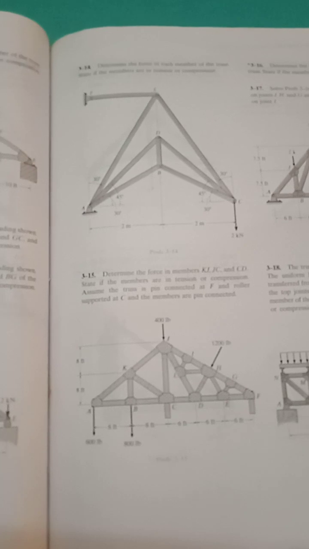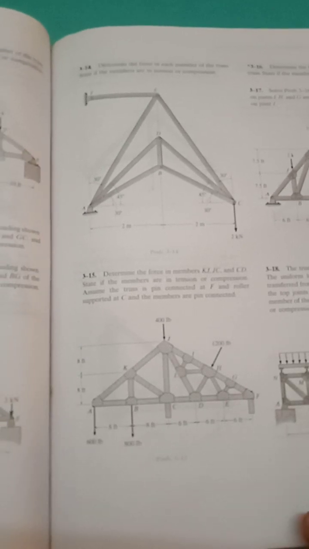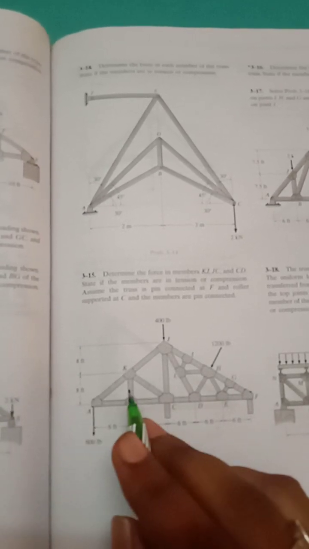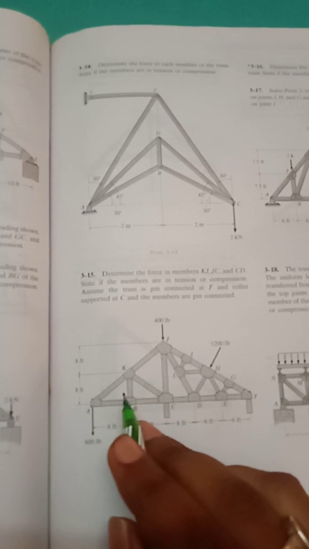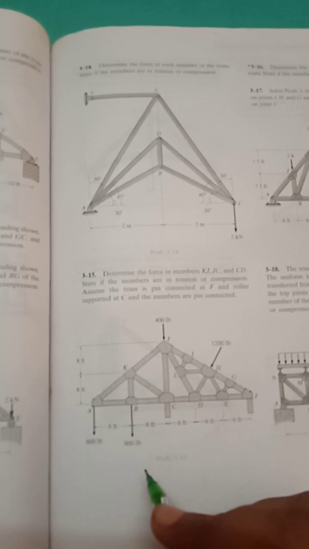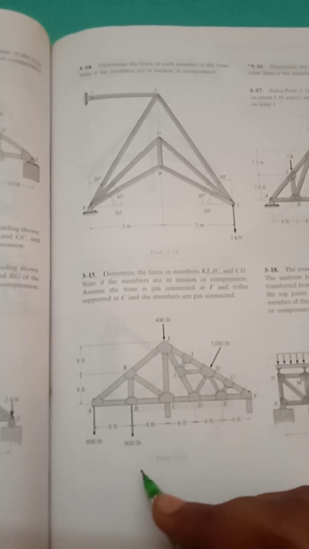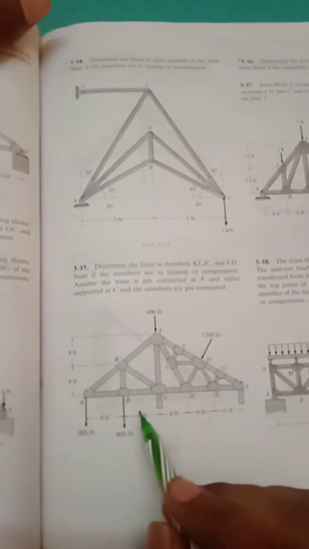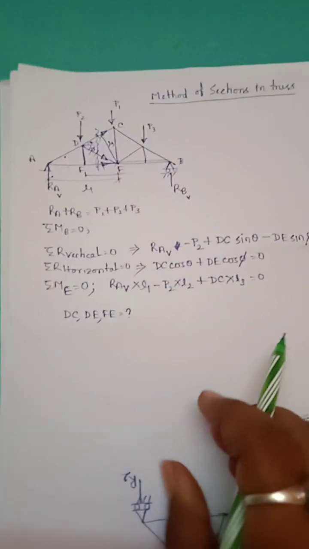This is R.C. Hibbeler book, chapter number 3. This is our truss. Okay, and here the units are in pound and feet, so that is not any problem. You can always do these problems in kilonewton and meter format. And I will explain it to you.